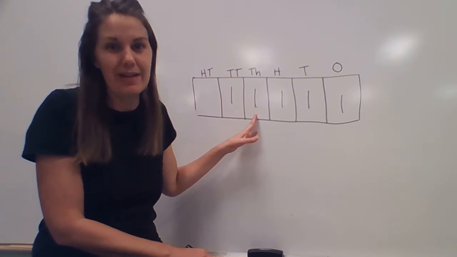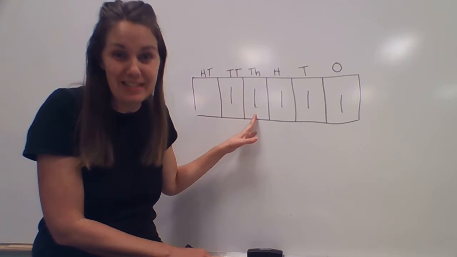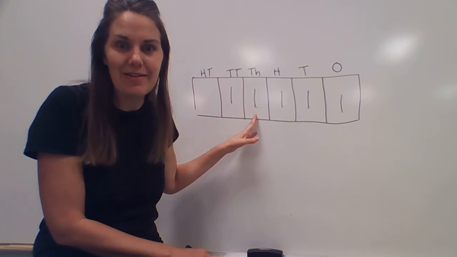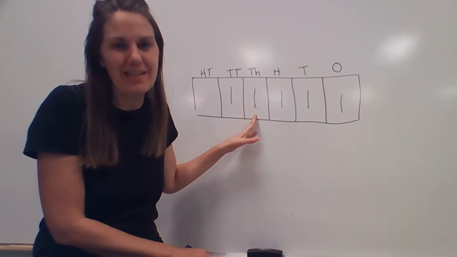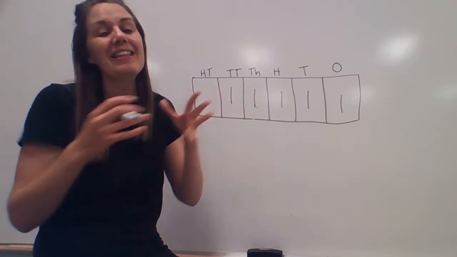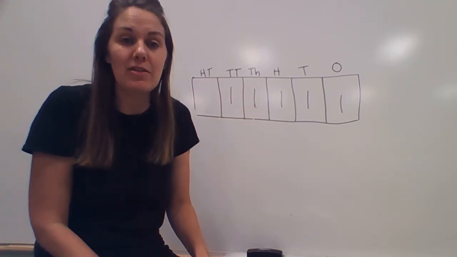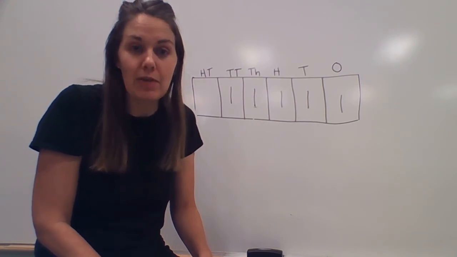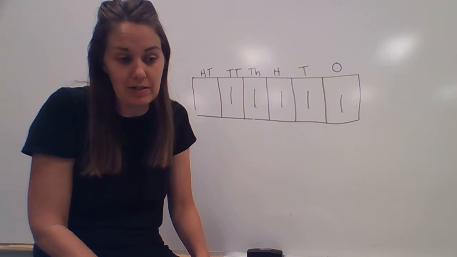Counting by thousands, 1,000, 2,000, 3,000, 4,000, 5,000, 6,000, 7,000, 8,000, 9,000, 10,000. So 10 thousands would be equal to 1 ten thousand.